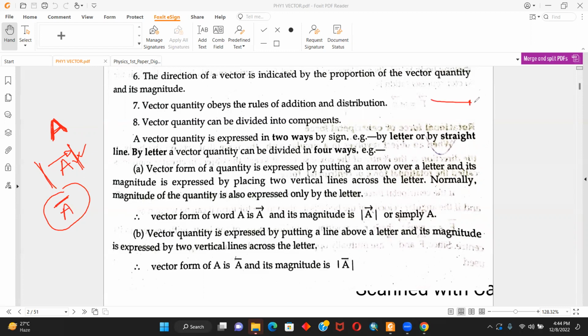Say this is a force vector of 5 Newton. You could write the force vector this way, and the magnitude or value of the force vector will be represented like this, equals 5 Newton. This is just a value, not a vector. 5 is the magnitude only.